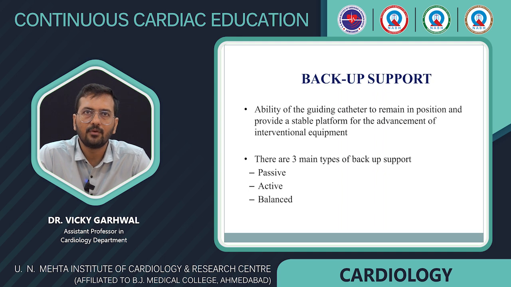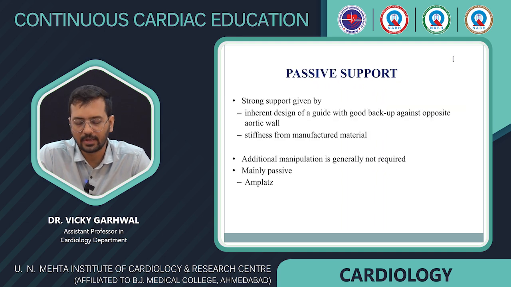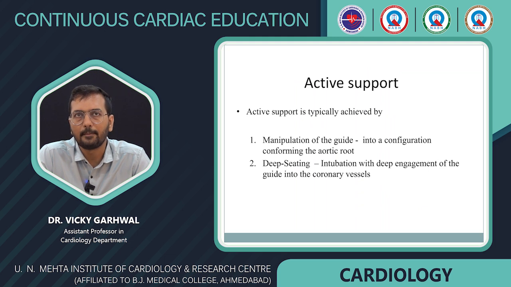Backup support can be of 3 types: passive, active and balanced. Passive support, strong support, is given by the inherent design of the guide with good backup against the opposite aortic wall. Stiffness depends upon the manufactured material. Additional manipulation is generally not required, and this is the passive support given by the Amplatz wire.